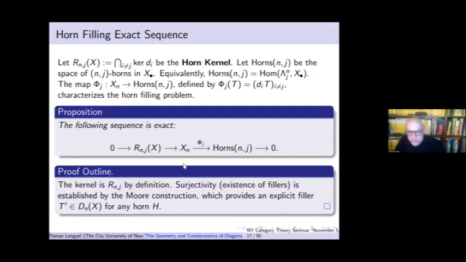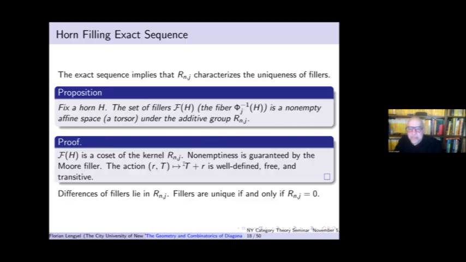All right. So we just have an exact sequence here with the horn kernel. The set of fillers is a torsor, and they're unique if and only if the horn kernel is zero. This is true for every J, by the way.